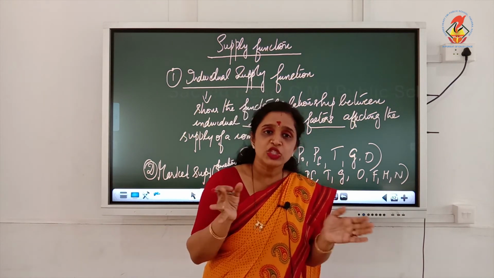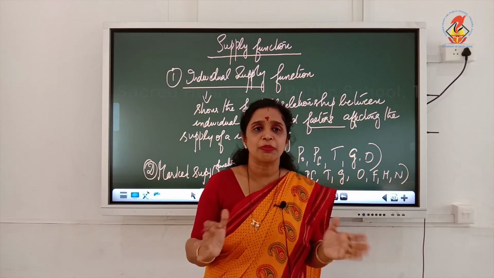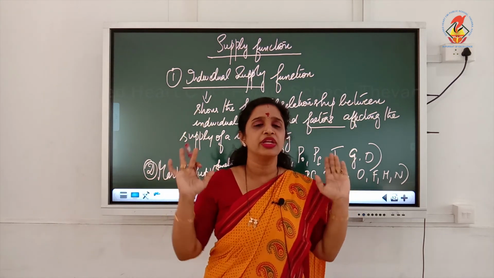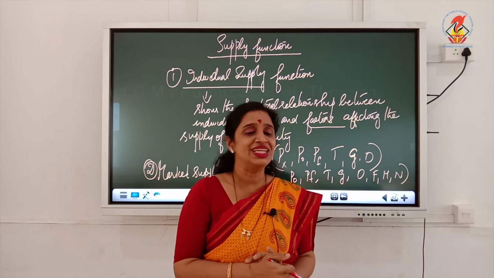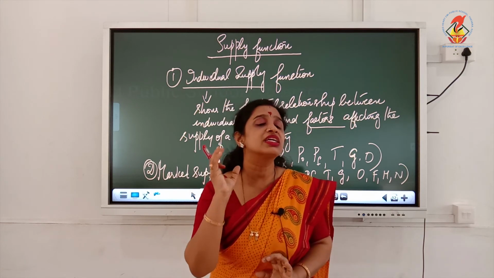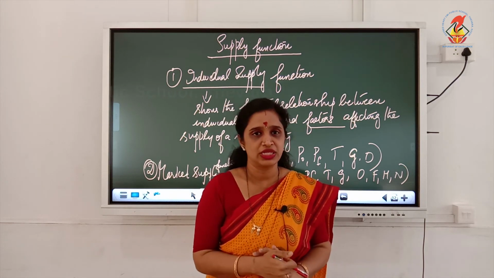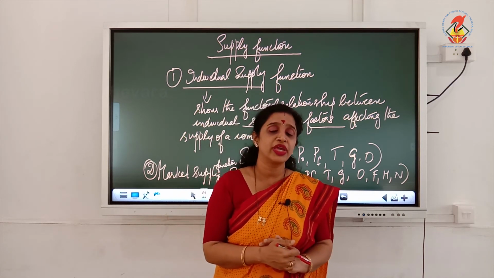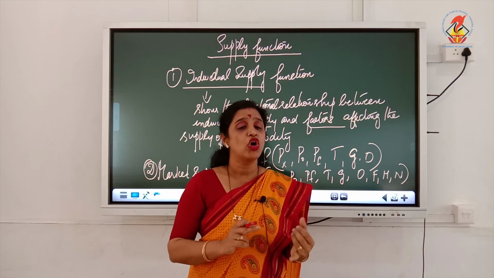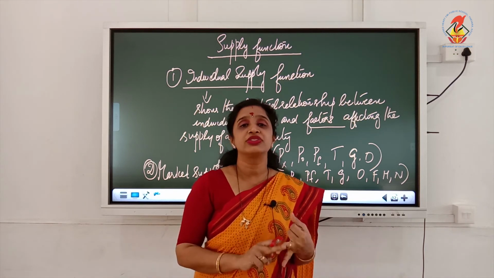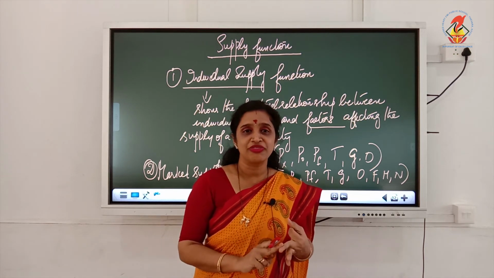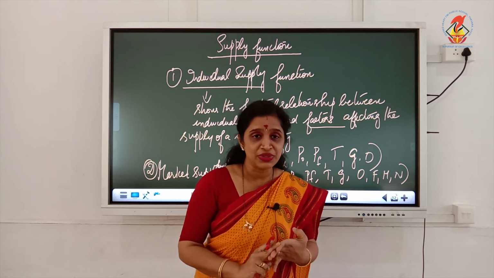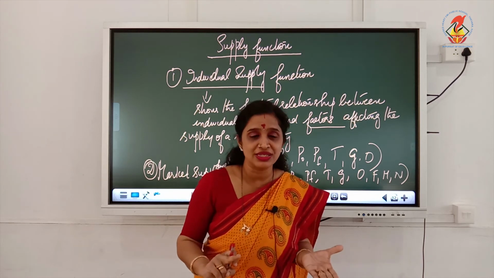In that, let us first write the individual supply function. To write down the individual supply function, what do we need? We need the factors influencing individual supply. What are they? Can you remember, just now we learned objectives of a firm, state of technology, price of a good, prices of other goods, government policies, all these things.